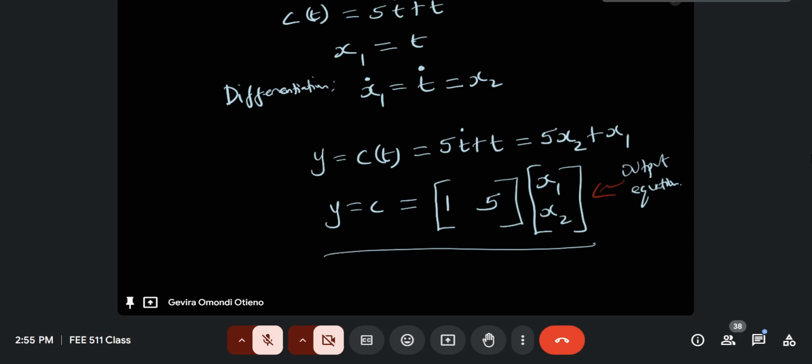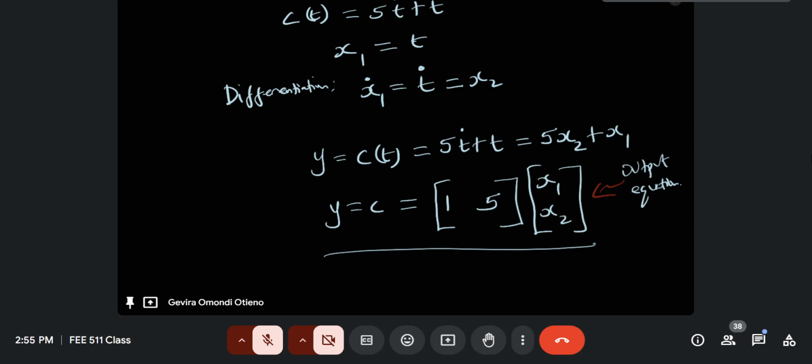So ladies and gentlemen, I'll end my class here and wait for the next class where we are going to convert from state space back to transfer function. Because certain times we have state space representation from our simulation, but it's not very easy for human beings to quickly relate the relationship between the input and the output when they read state space representation.